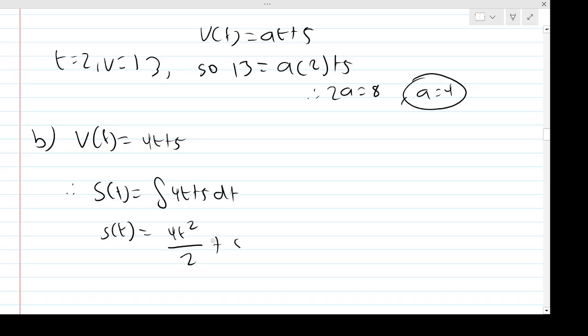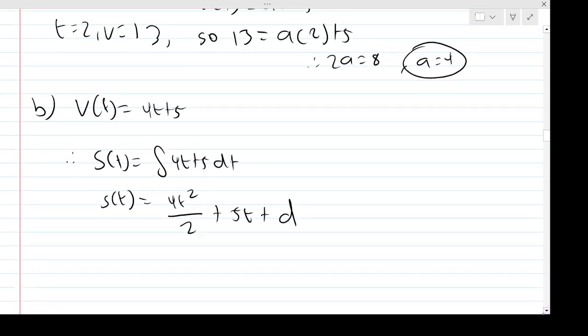Then 5, we just add a t on. And then we add another constant plus d. Okay? But we need to find what this d is, right? This missing letter d. Well, firstly, I can simplify it, because I can simplify the fraction. So s of t is 2t squared add 5t plus d.